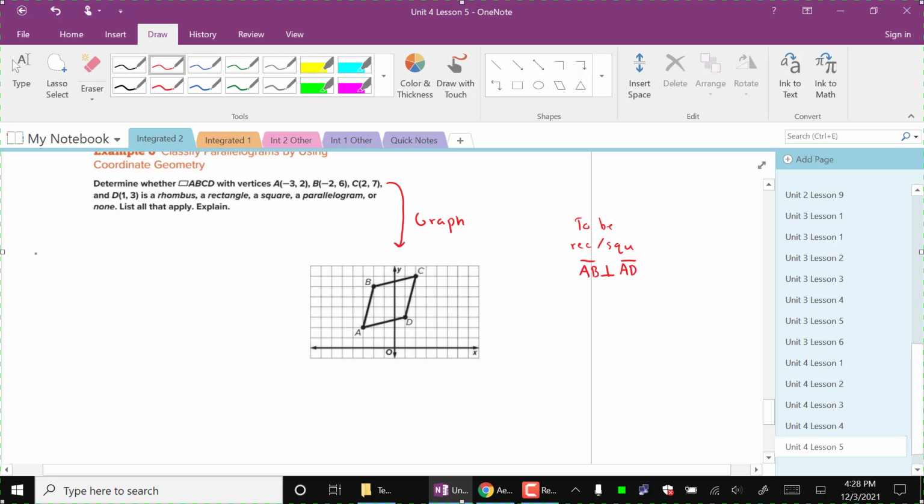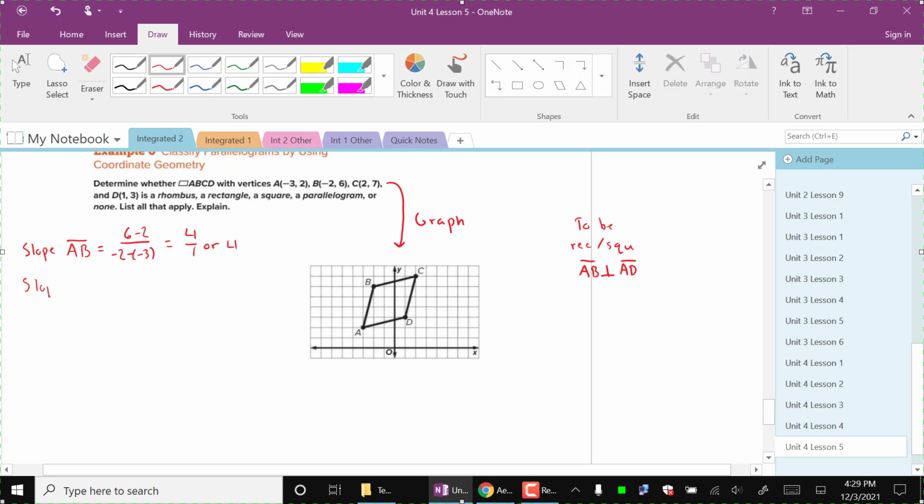So let's start doing some slope testing. So slope of AB is going to be 6 minus 2 over negative 2 minus negative 3, which gives us 4 over 1, or 4.